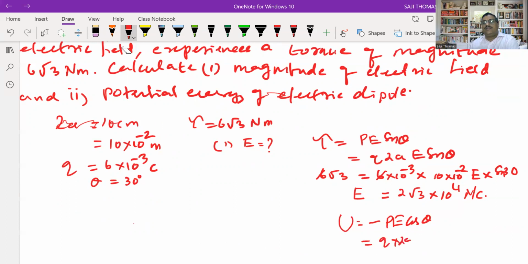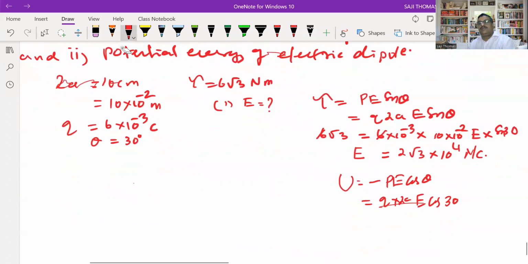E into cos 30. So what will be the answer?